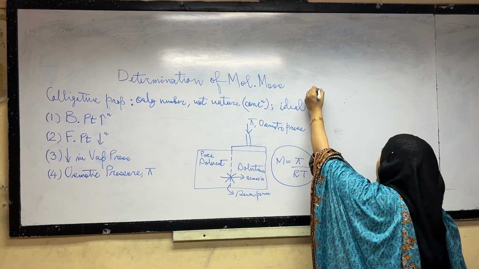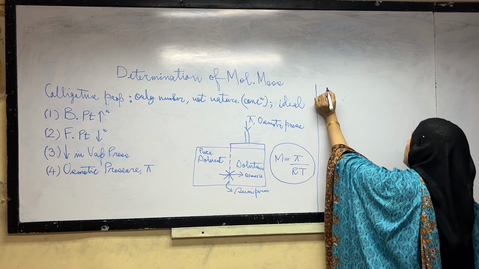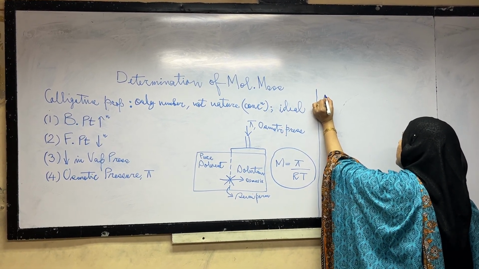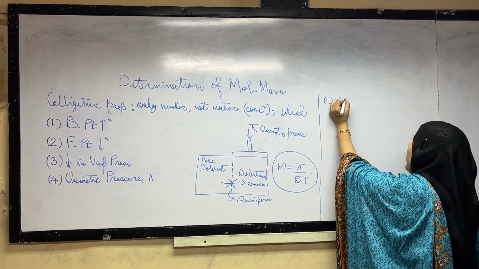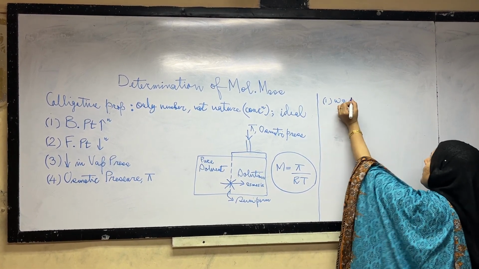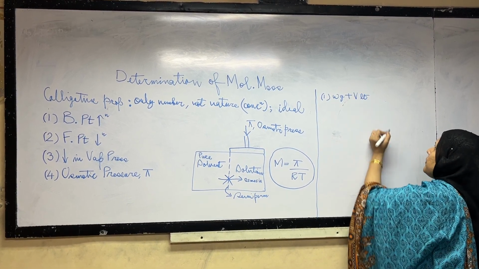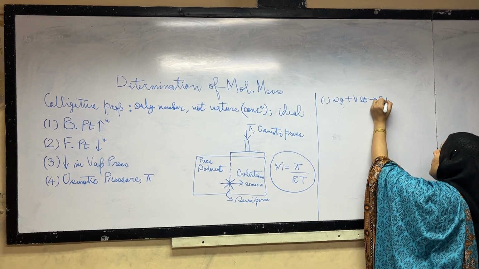So a simple way to find out the molecular mass using osmotic pressure: you take W grams of solute and mix it in V liters of solvent to form a solution.